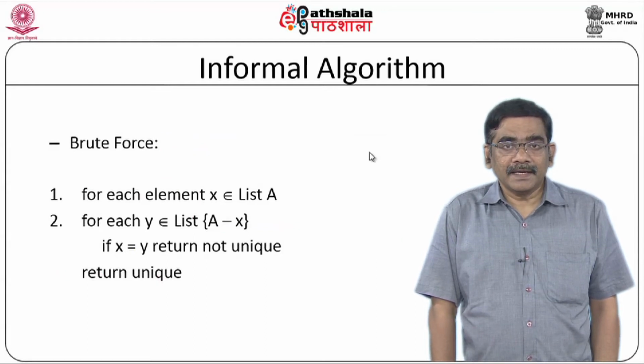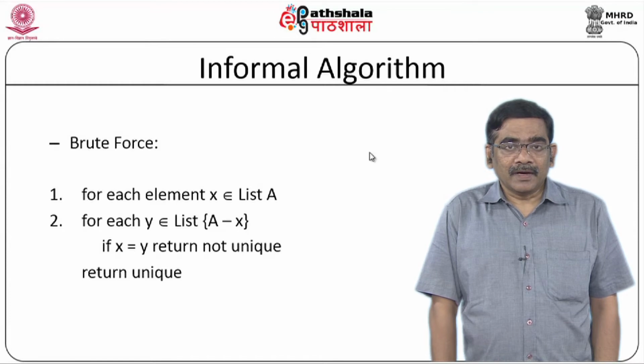Take any element x of the list A, then check for that particular element in the rest of the list. That list is going to be A minus x, and if x is equal to y, then we can say that the elements are not unique. Otherwise, we say that there is no duplicate element present.